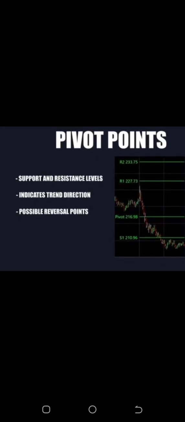Okay, so it's a 20-minute class. The pivot point has a support and resistance level. It also indicates trend direction and possible reversal point. Okay, possible reversal point.